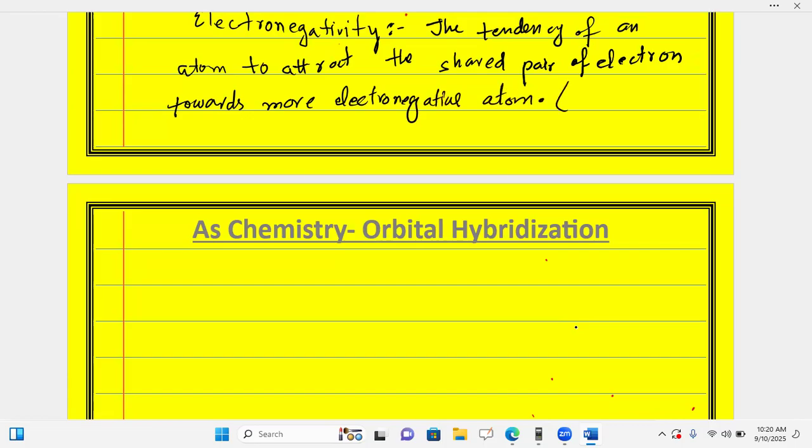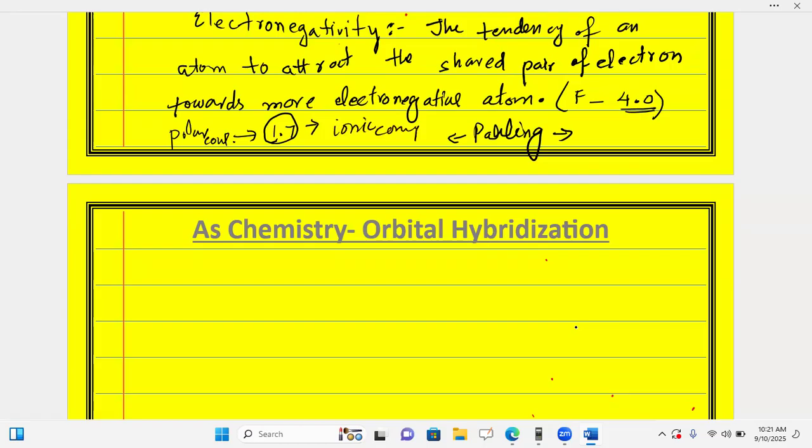And I told you that fluorine is the element having the maximum value of electronegativity, for which Pauling has given the scale. If the difference of electronegativity is less than 1.7, then it is polar covalent. And if it is greater than 1.7, then it is going towards ionic compounds.